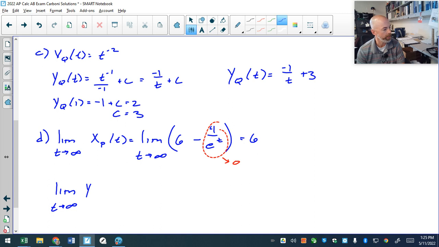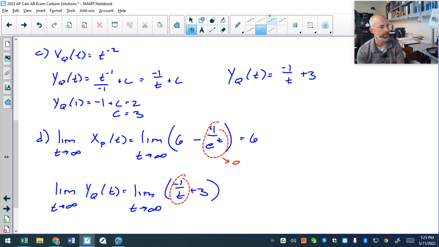Let's look at the same thing for particle q. So y_q of t, and again, I'm going to rewrite the function just like I did for particle p. That would be negative 1 over t plus 3. And again, as t goes to infinity, 1 over t is going to crash towards 0. And this is approaching a y-coordinate of 3.